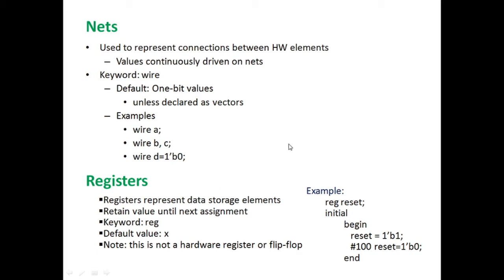Okay, moving to the next category, we have the registers. So what are registers? Registers are storage elements. By default, a register is a scalar quantity unless I explicitly define it as a vector. So a register represents a data storage element, like a 1-bit register you can take.